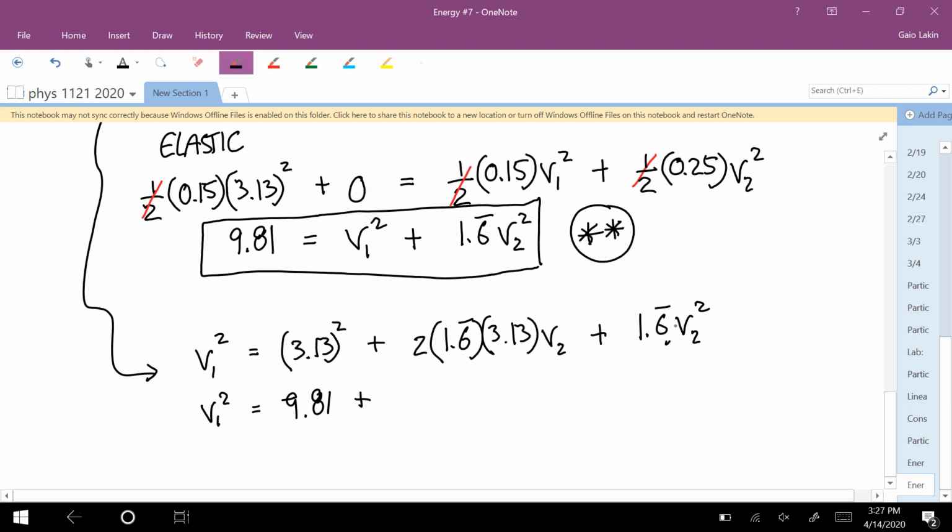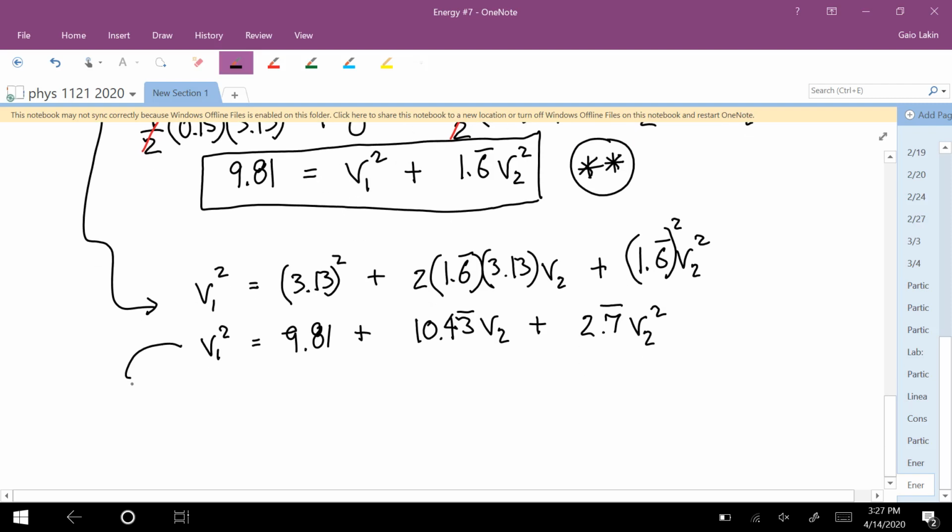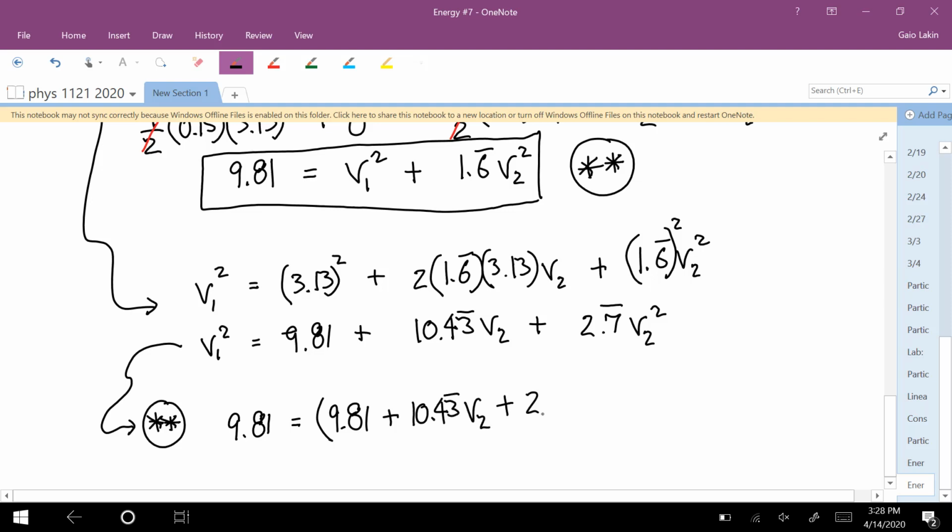Oh, and I just noticed this has to be squared too; I forgot to do that. So v1 squared is equal to 9.81 plus 10.43 repeating v2, and the third one is 2.7 repeating v2 squared. And so now we can plug that into 2 star, and we get 9.81 is equal to all of this stuff that's equal to v1 squared plus 1.6 repeating v2 squared.